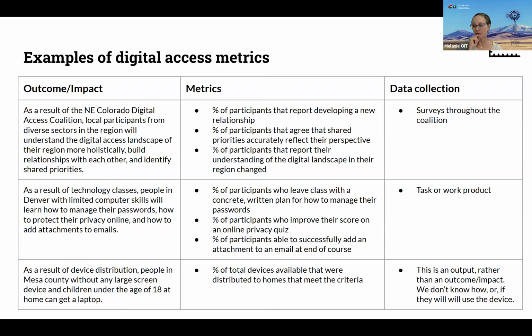We don't know if the people are using the device or how they are, if they are, right? So this metric isn't really getting at any kind of impact. And in fact, our example of the outcome and impact isn't really a great example for impact. All right. Hopefully that makes some kind of sense. All right, next slide.